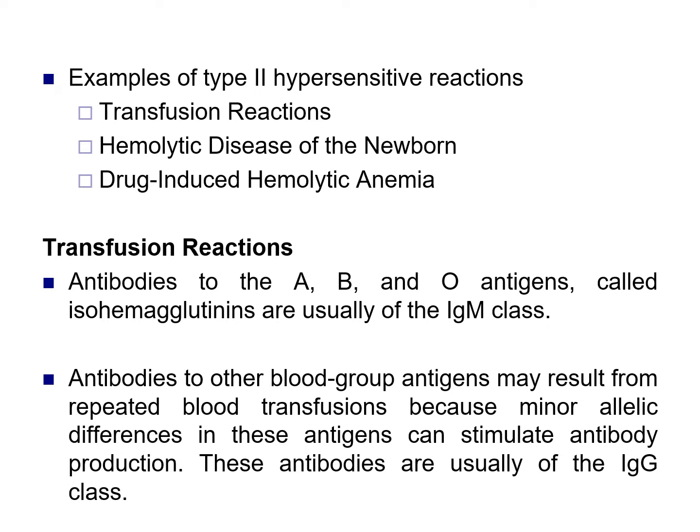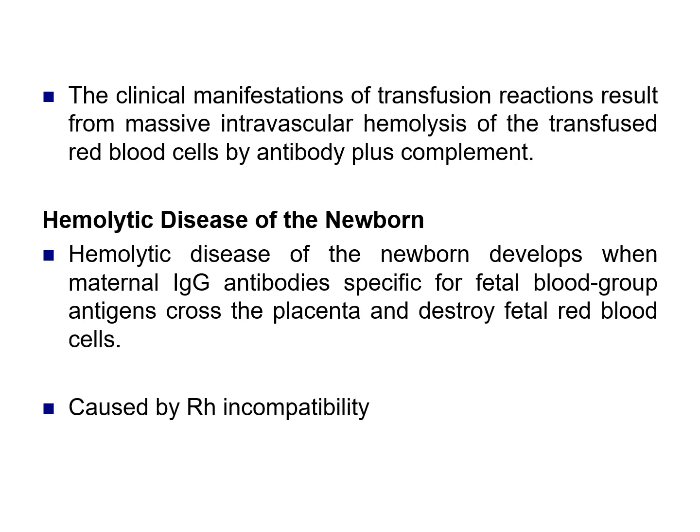For example, in the ABO blood group system, we know that the type of antibody is IgM, and this blood that was given to the person can trigger the production of another antibody, which is IgG in nature. So this is an immune type of antibody. When this happens, the blood that was transfused to the recipient will be destroyed because of the presence of antibody and the complement.